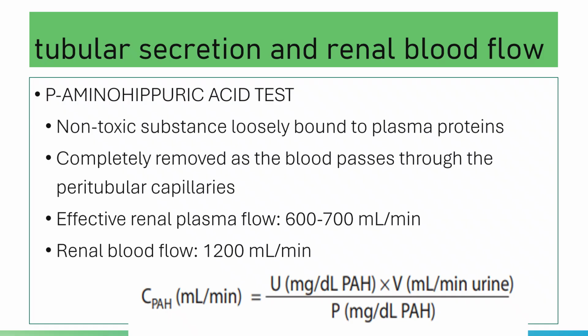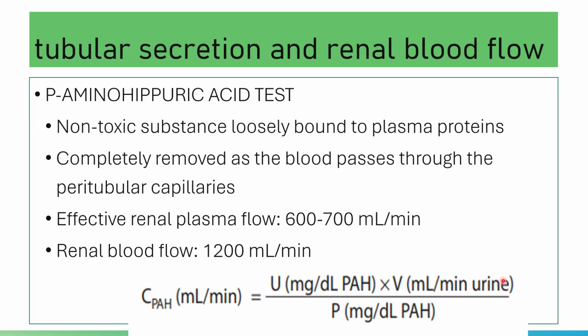This effective renal plasma flow of 600 to 700 ml per minute, or a renal blood flow of 1200 ml per minute, is based on a normal hematocrit.